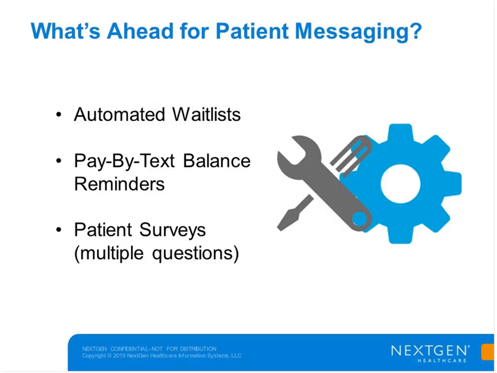Just to highlight a few of the services we're currently working on, one of them is the automated wait list. We do know there is an automated wait list available in NextGen right now, but we truly want to take that and integrate it within an EDI service, so as these appointments open up and there is a patient on the wait list, there's really nothing that the office staff needs to do.